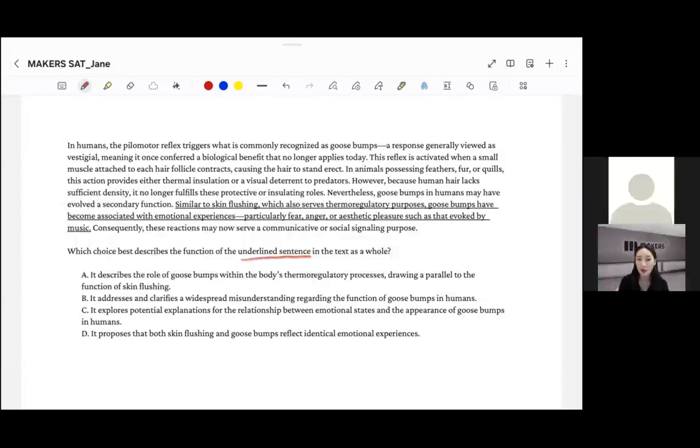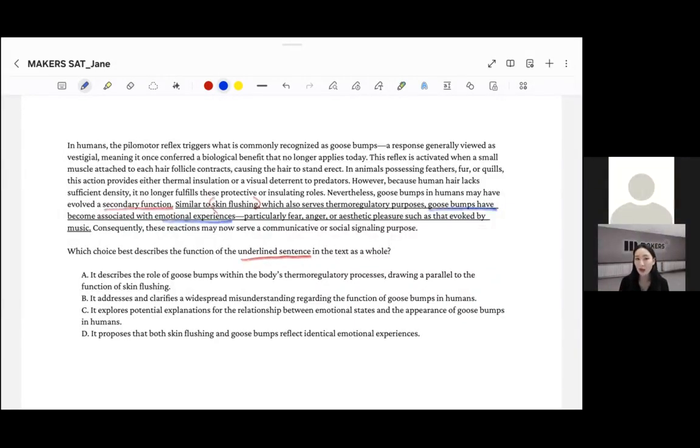So the key focus here would be, number 1, we have to pay attention to where the sentence appears, what it connects, and its role in the argument. When we take that into consideration, it comes after introducing that it has evolved to have a secondary function, and then it introduces that it is similar to skin flushing, but ultimately what it's saying is that goosebumps have become associated with emotional experiences.